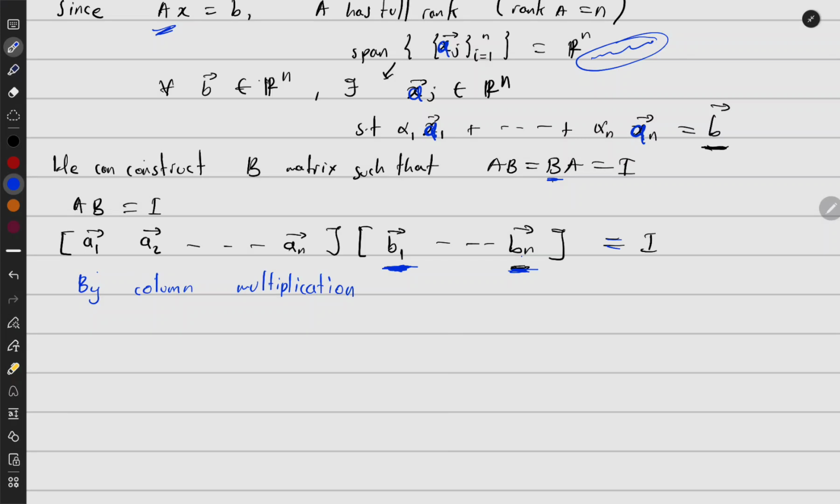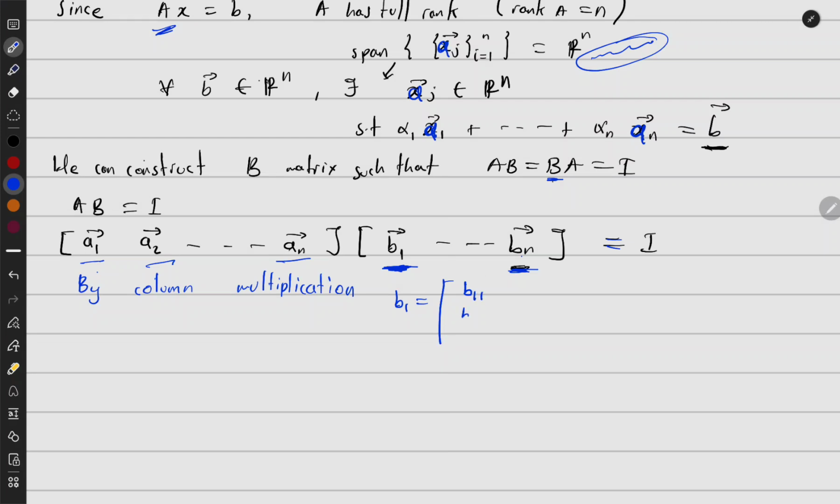I get a column in B, then it multiplies all the columns in A. However, the column in B, so let me try to simplify this. Let's say B1, it's a column, so it's made up of, let's say, B in the I1.